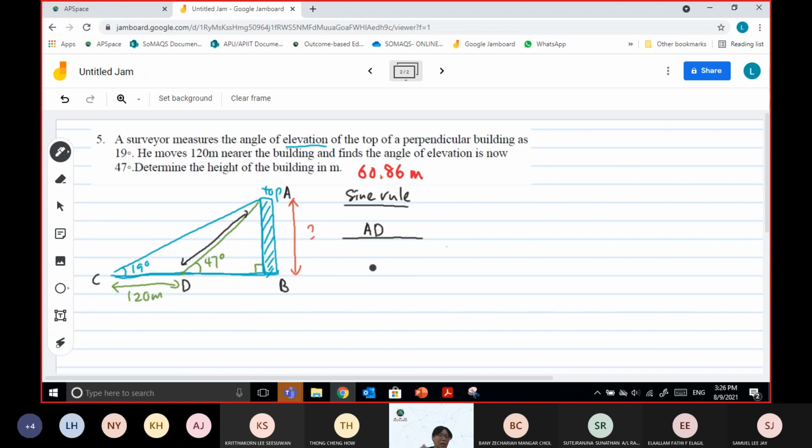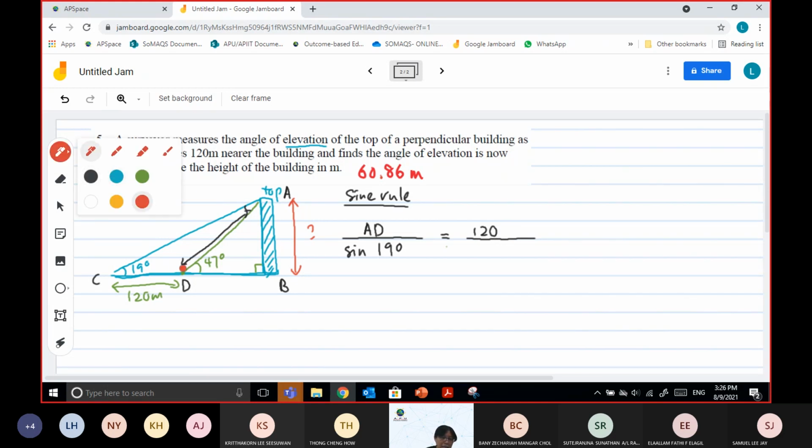That means I need another length, right? So I would like to use the length for CD, which is 120 meter. What is the corresponding angle of the AD? It should be 19 degrees, so sine 19 degree. How about the corresponding angle for 120? It should be this angle, right? How do we get this angle?